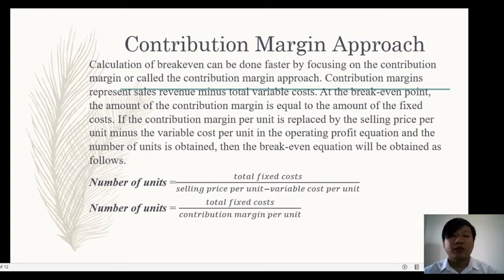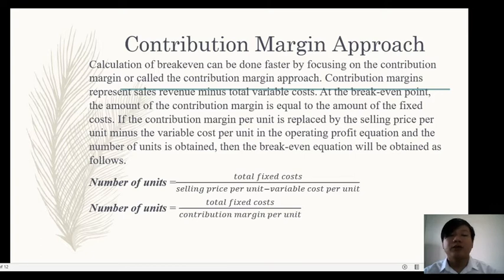Contribution margin approach. Calculation of break-even can be done faster by focusing on the contribution margin, called the contribution margin approach. Contribution margin represents sales revenue minus total variable cost. At the break-even point, the amount of the contribution margin is equal to the amount of the fixed cost.